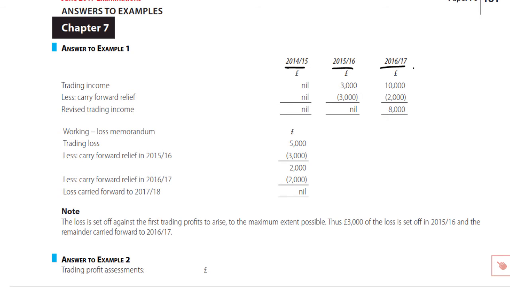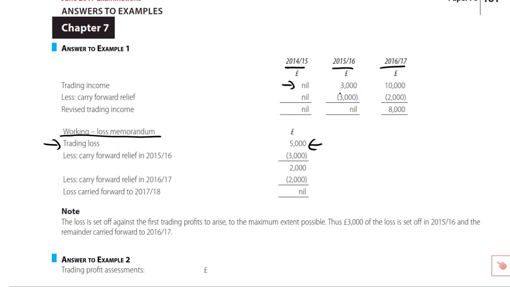We simply had a nil trading income, as we know. In 14-15, it was a loss of 5,000. Not that it was needed here, but in bigger, better, i.e. more difficult questions, it can come in very handy, both for you and for the marker to see what you're doing, is to produce a working headed loss memorandum, where you show what the trading loss was and how it is then used.